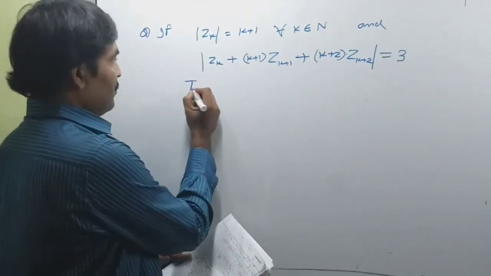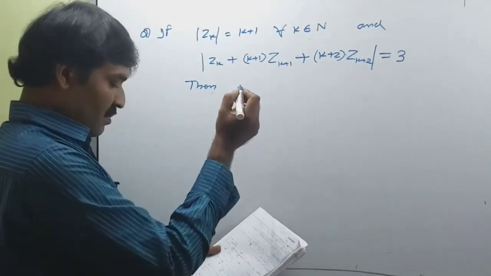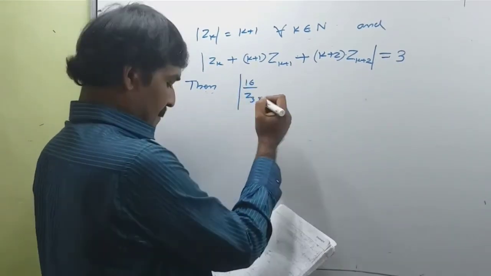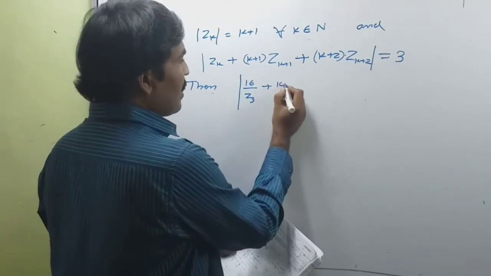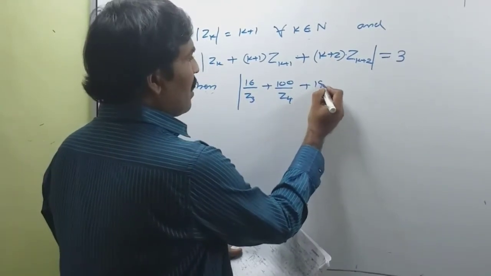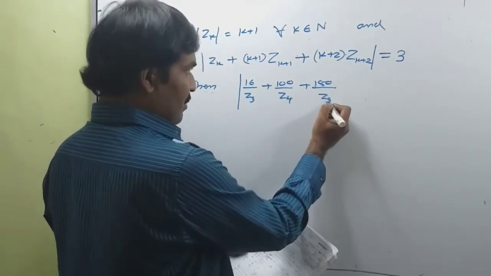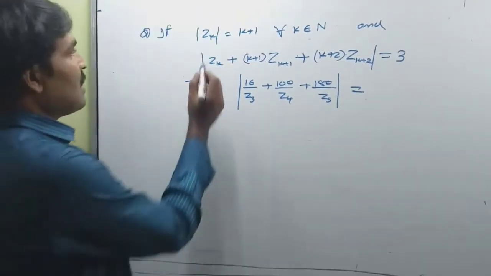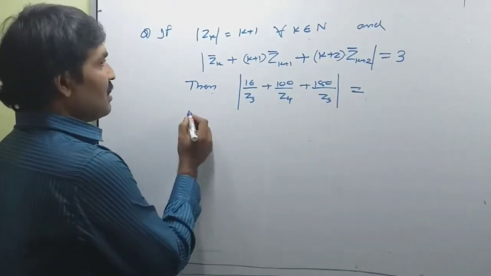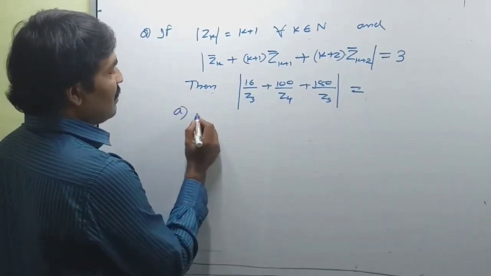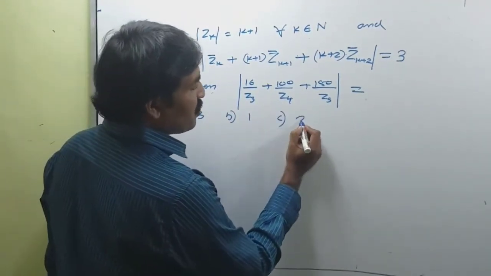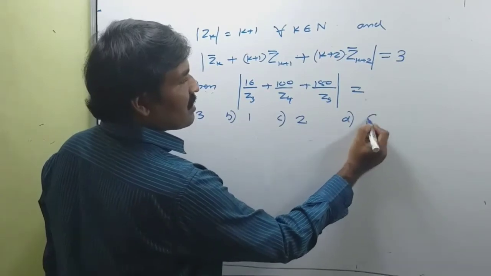Then mod of 16 by Z3 plus 100 by Z4 plus 180 by Z5 is equal to, this is Zk bar, right. Choice is given. A is 3, B is 1, C is 2 and D is 0.